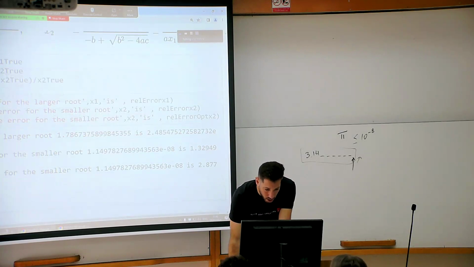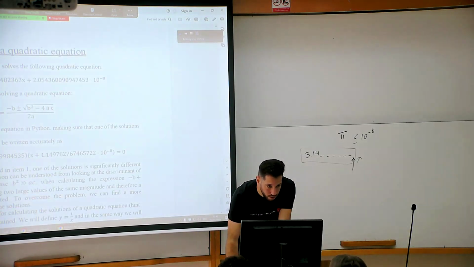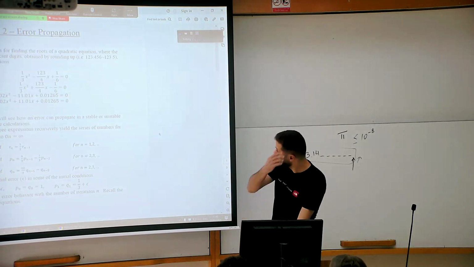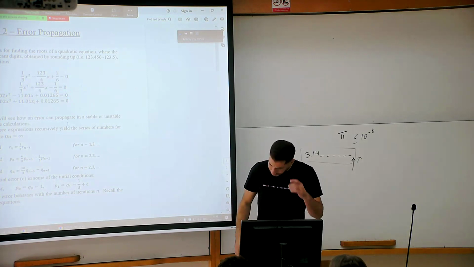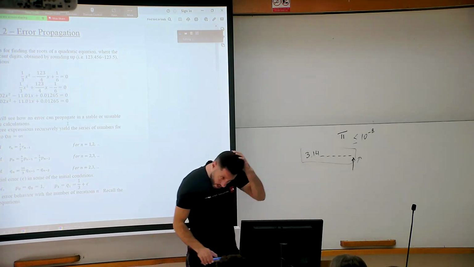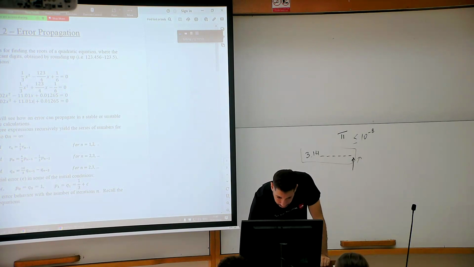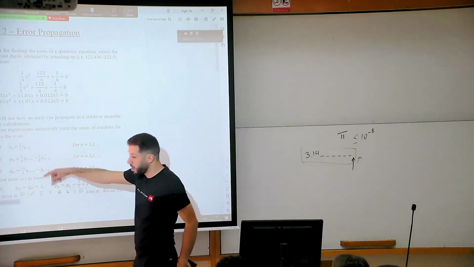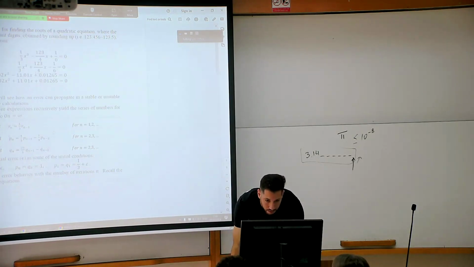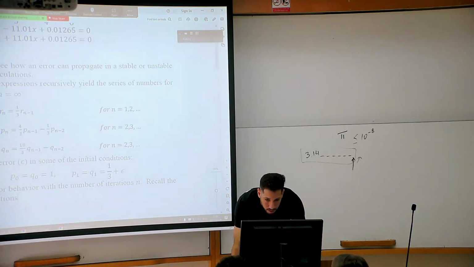So in your homework, you will deal with some equations like this, and you will also deal with what are called finite difference equations. Let's make it bigger. There are equations like these, and they are called finite difference equations.